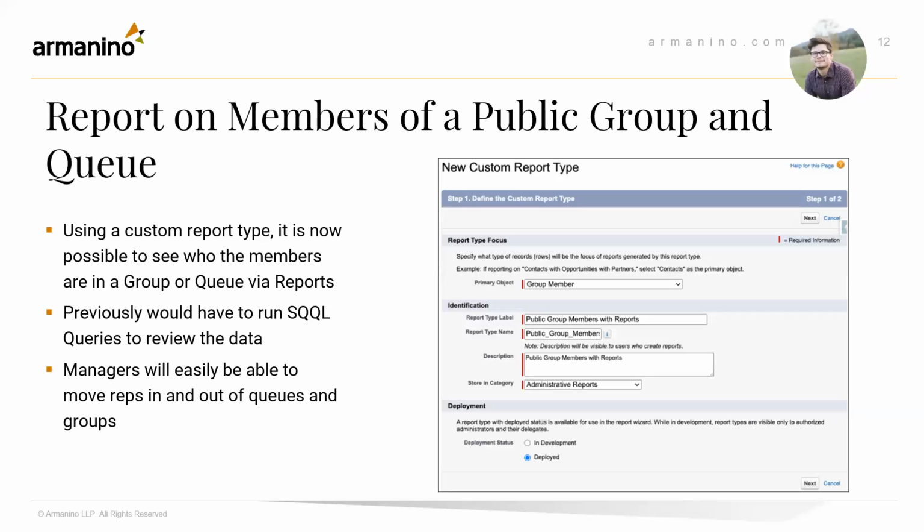It also allows them to determine who's in which public groups and helps with troubleshooting access issues. If someone isn't part of a group, we would be able to see that and assign them to the right group if they didn't have access to something.